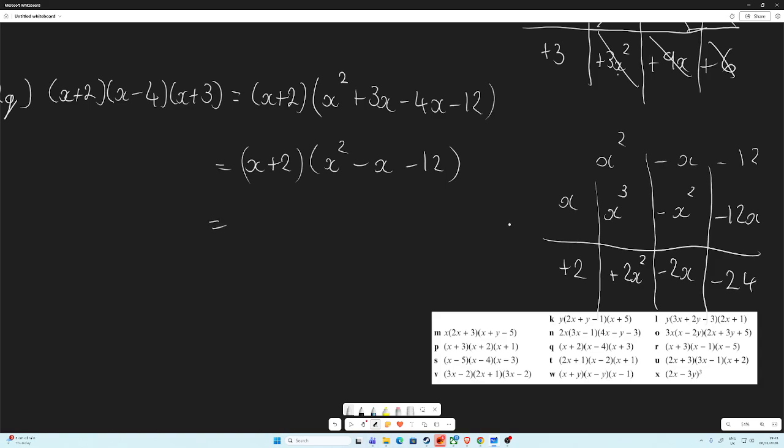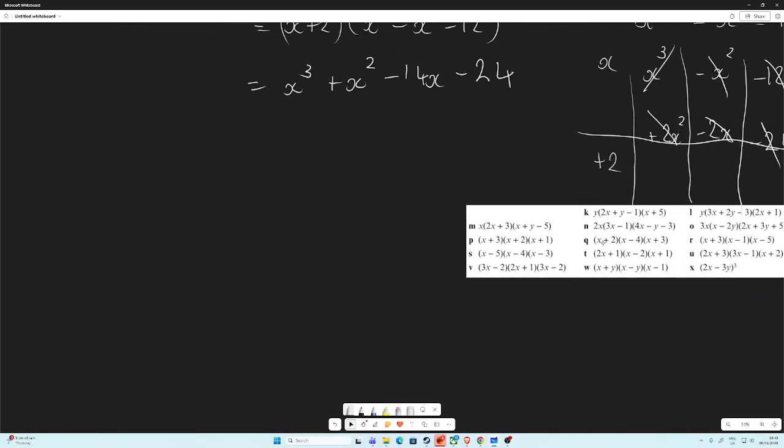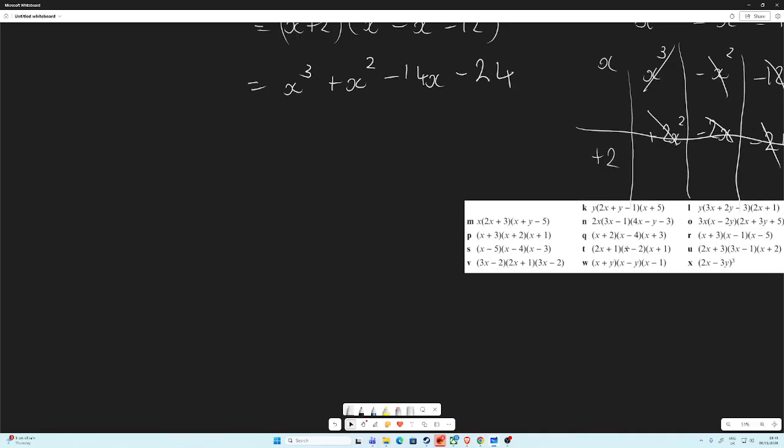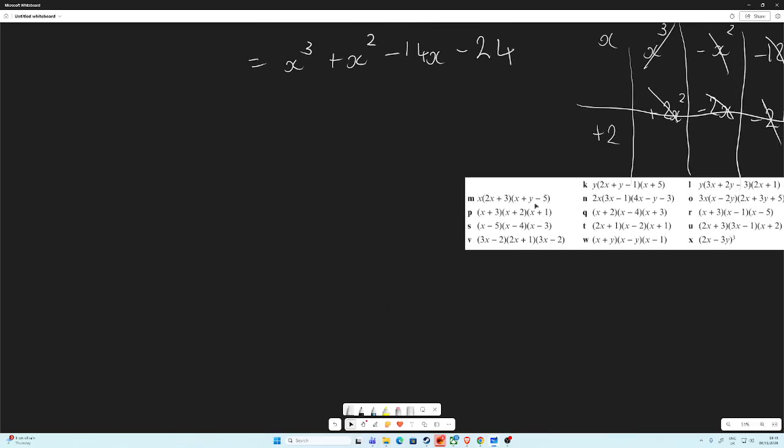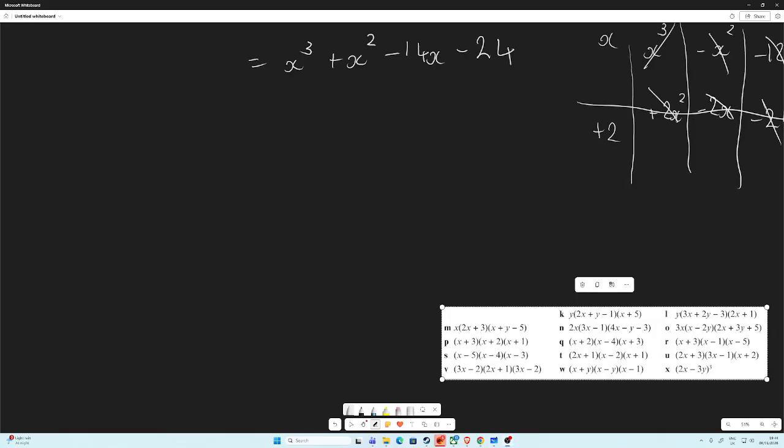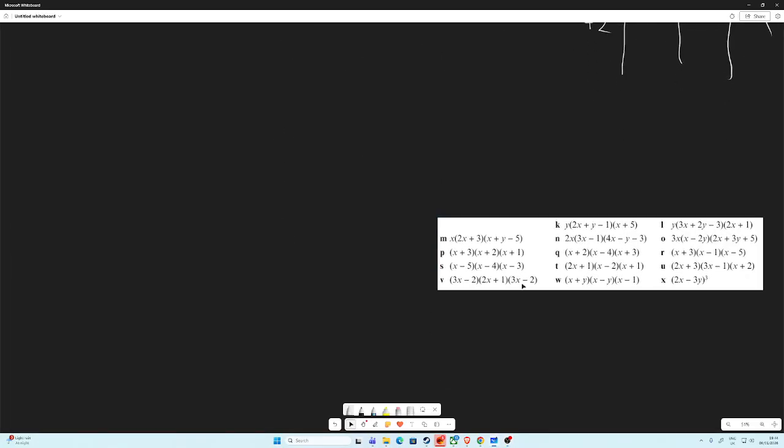So the answer is x cubed, plus 2 minus 1, so that's plus x squared, minus 2 minus 12, so that's minus 14x, and of course minus 24. Okay, let's carry on.